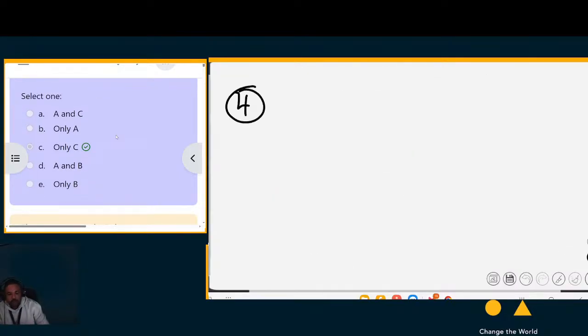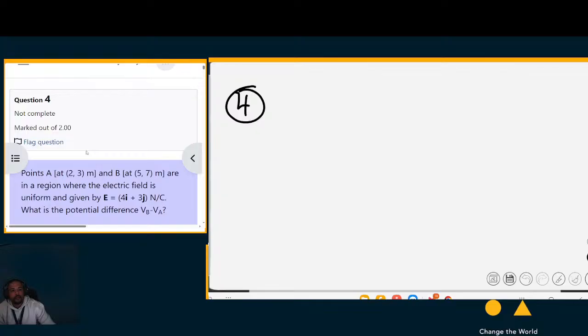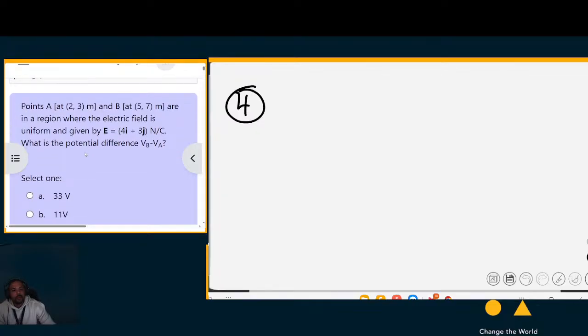Question number 4. If there are no questions, I'm going to continue. Question number 4. Point A at 2, 3 meters, so let me just rather draw it.